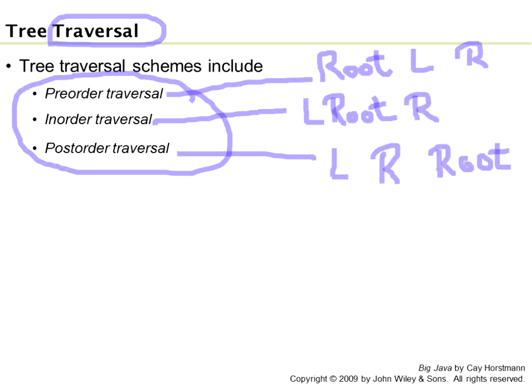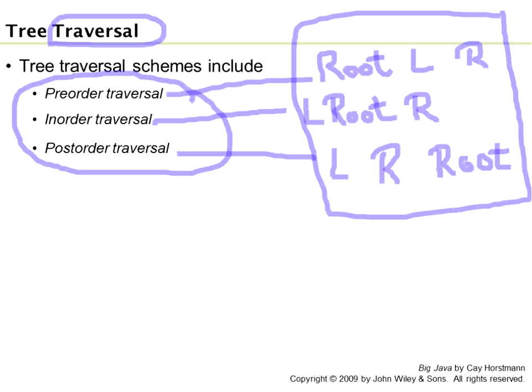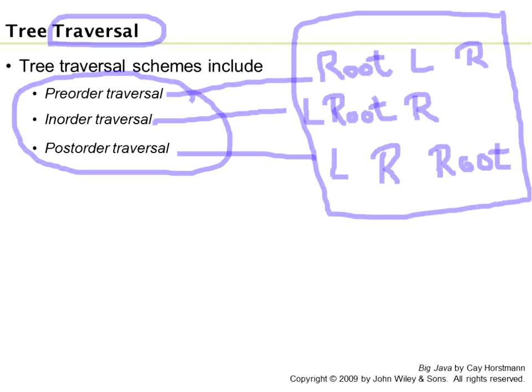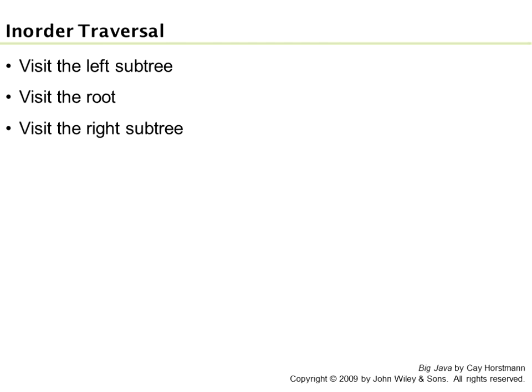You have to remember this. You have to memorize it, otherwise there will be a mistake. So this is pre-order: visit root, then left, then right. Then in order: left, root, and right.